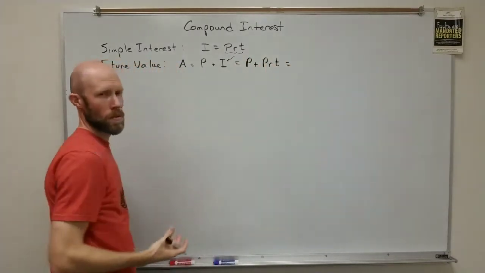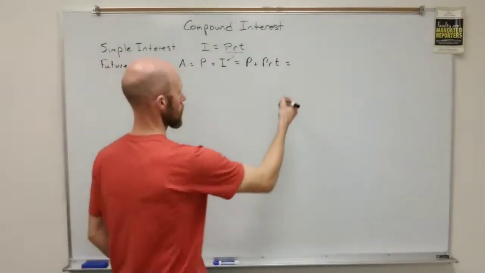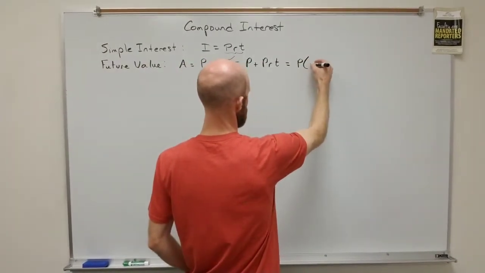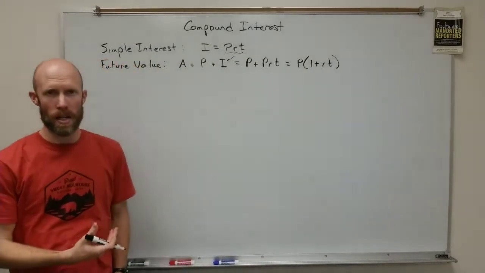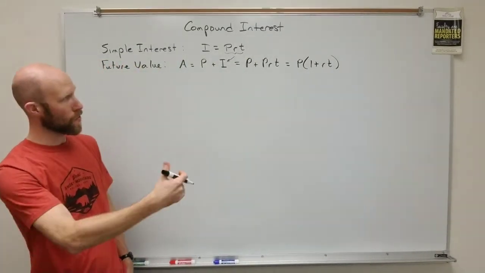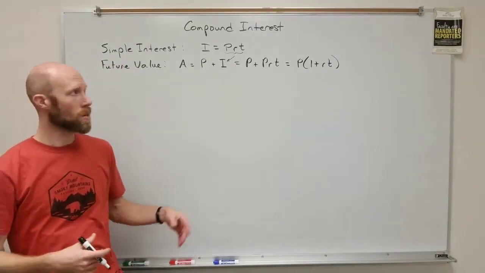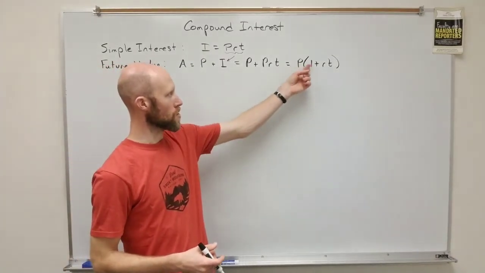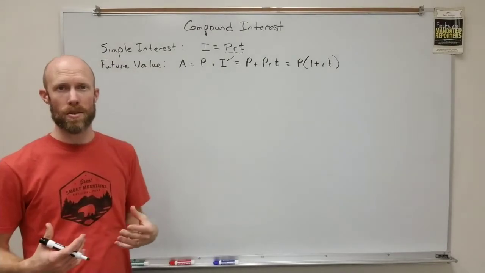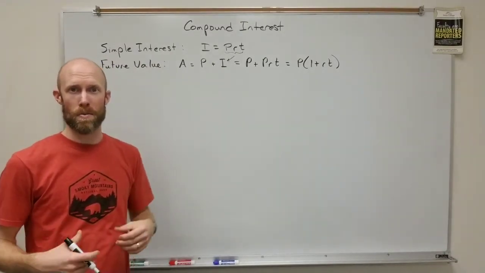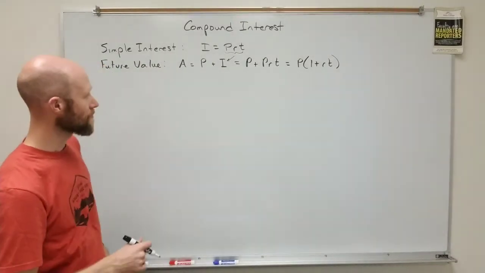Then you factor out the P because it's a common factor, and you get 1 plus RT as the remaining factor. So P times 1 plus RT. And of course, you could redistribute that P in to get this expression. So factoring it out is the opposite, so to speak, of distributing it in.